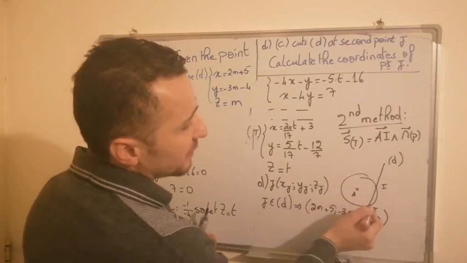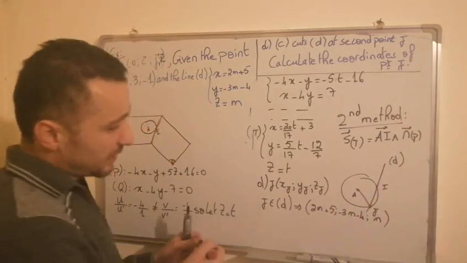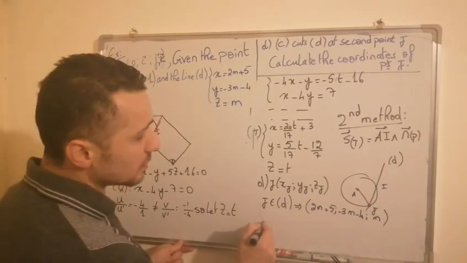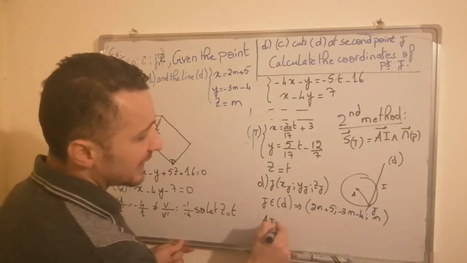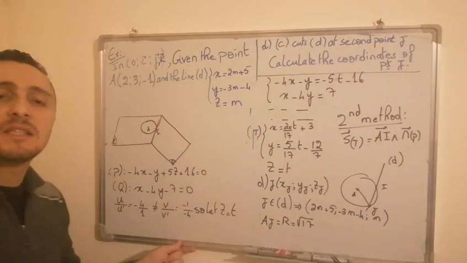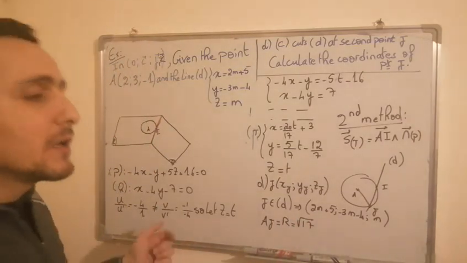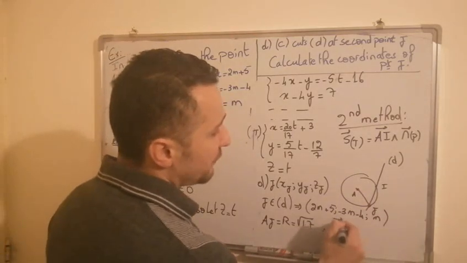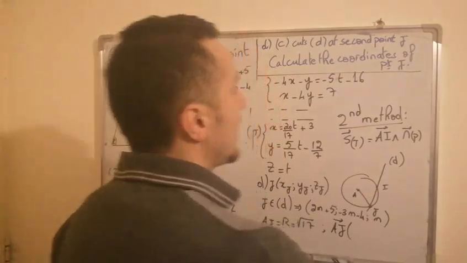Using the figure we remark that the length of AJ equals the radius, which was radical 17. It's so easy. We can find the coordinates of the vector AJ.